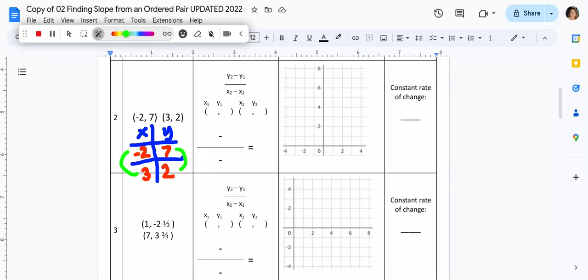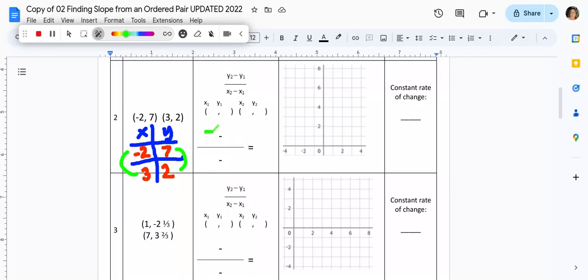All different things. And so that's why I like putting this into a table. Also because when we're doing the same thing over and over, it becomes habit and we start understanding the y's and the x's better. Okay, so let's put that into our formula.